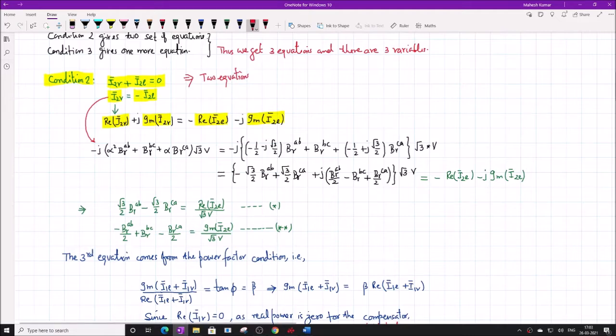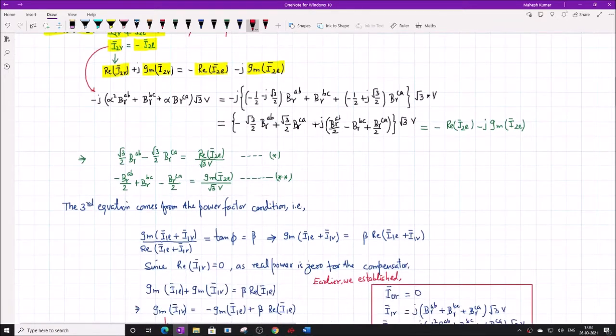Now, the real of I2 gamma plus j imaginary of I2 gamma we will equate with the corresponding parts of I2L. So this real part must be equal to this and this imaginary part must be equal to this. Now, what is the real of I2 gamma, and what is the imaginary of I2 gamma? That we can find from the expressions we developed earlier.